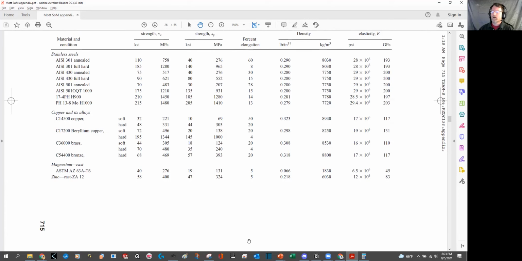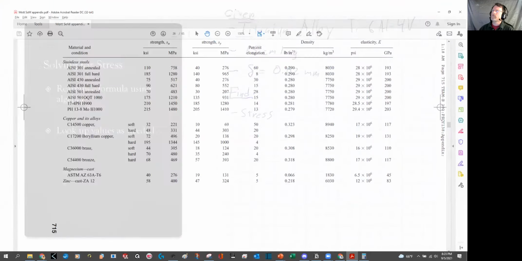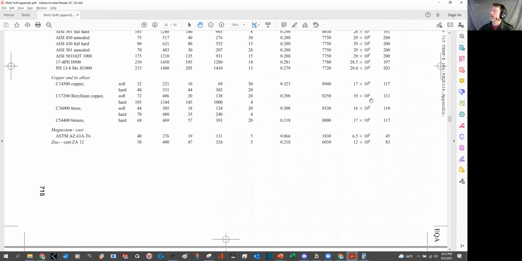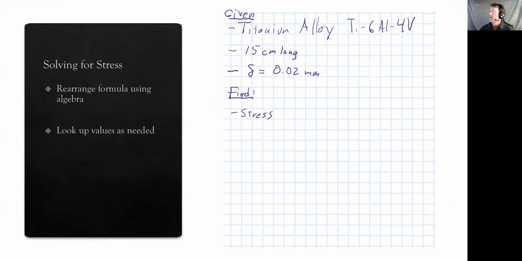But because I'm using millimeters and centimeters, I'm going to want to use the gigapascal one. So that was 114 gigapascals right here. And E, the titanium, is 114 gigapascals.